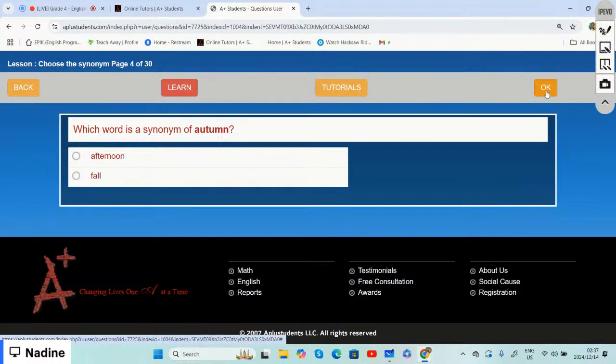All right. Which word is another word or the synonym of autumn? Is it afternoon, or is autumn another word for fall? Afternoon or fall?